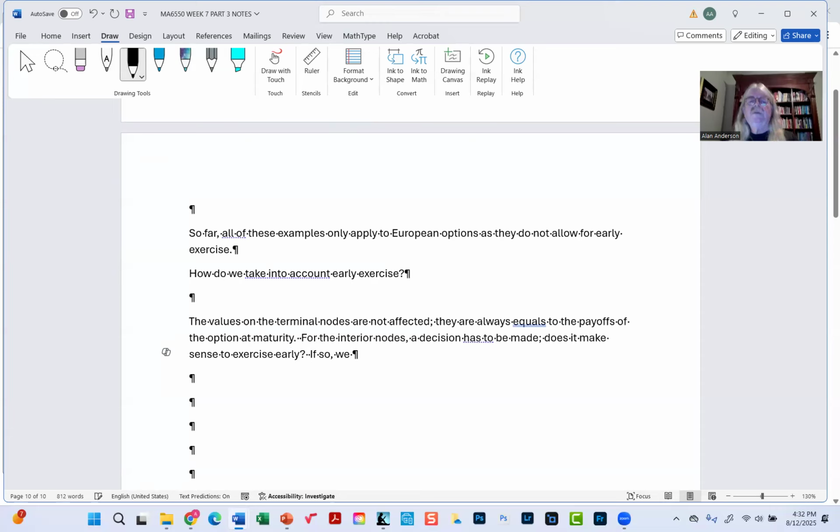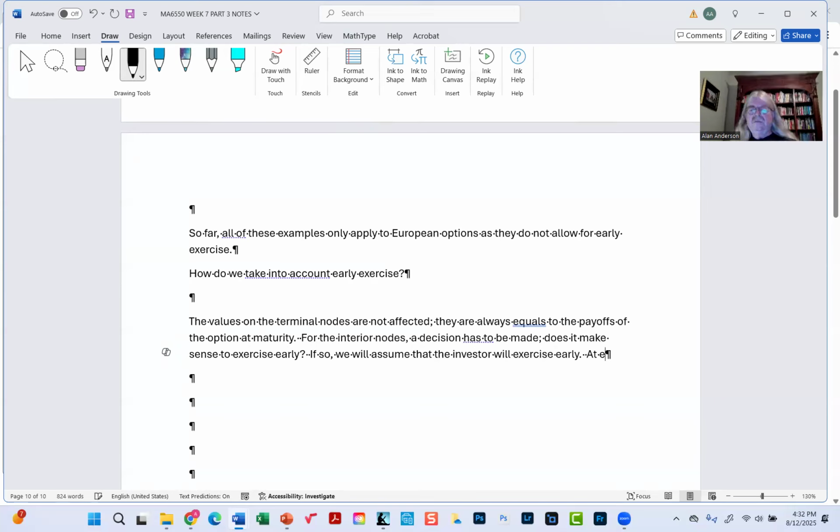So we'll assume that the investor will exercise, because we're assuming that these are rational investors, they're always trying to maximize their profits. We don't worry about people who don't know what they're doing.